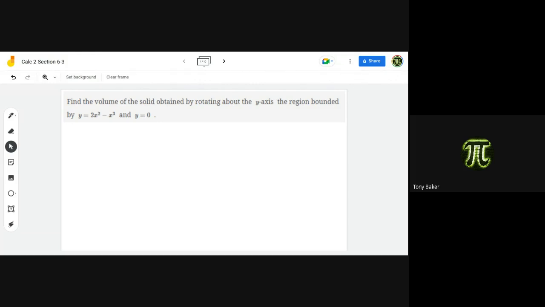The equation is y equals 2x squared minus x to the third. And we're rotating around the y-axis.